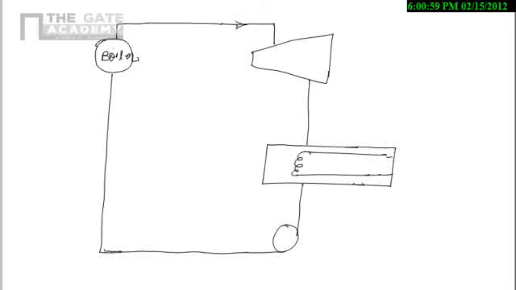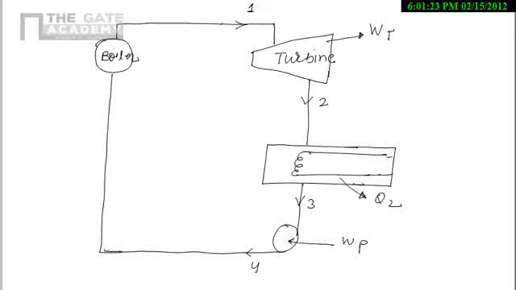Suppose we are entering at position 1, leaving at position 2, this one is the turbine. It is producing WT work. Here entering at 2, leaving at 3, rejecting heat Q2. Here 3 to 4 is at the pump. For the pump we require WP. Then from 4 it will again come to 1 here. Q1 is supplied to the boiler.